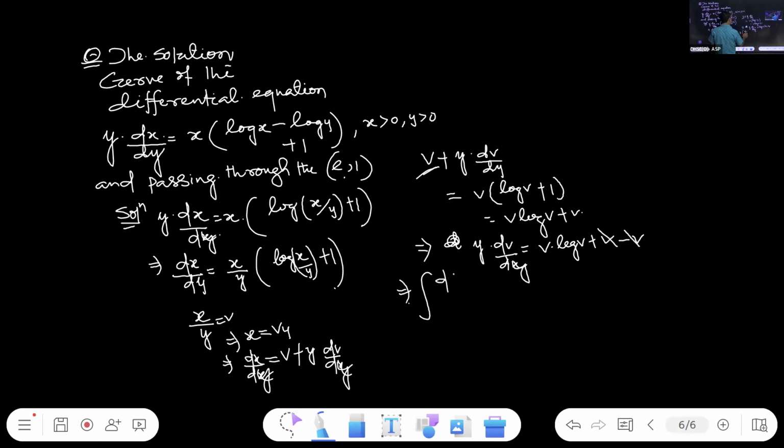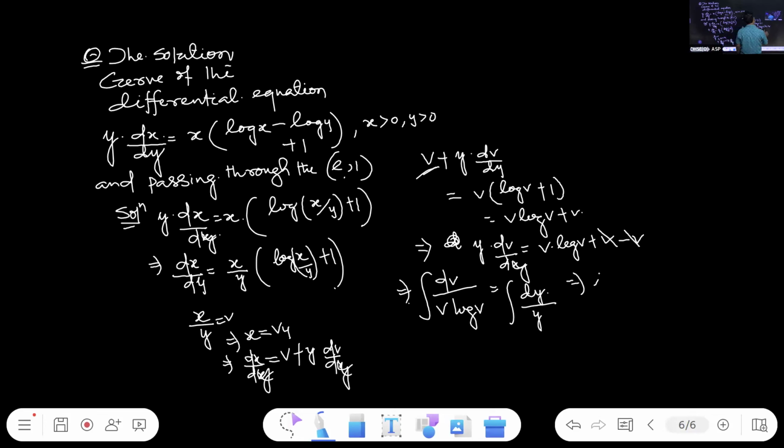Integral dv upon v log v equals integral dy upon y. If you substitute log v as z, then 1 by v dv is equal to dz. Integral dz by z is log z.